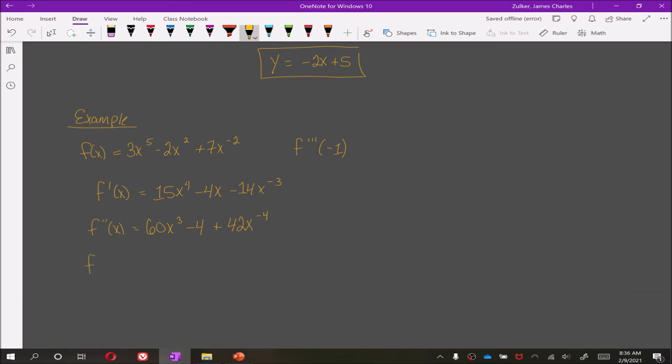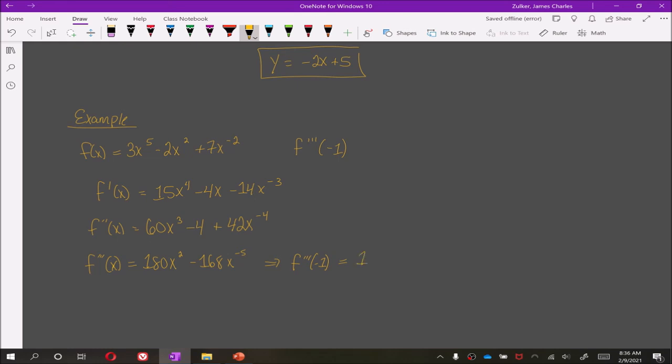Now we can find the triple derivative by taking the derivative of the second derivative: 180x squared minus 168x to the minus 5. Now we just plug negative 1 in right there.